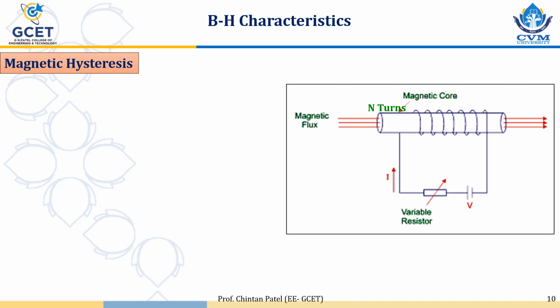So let's see what is BH characteristic. How can we plot the BH characteristic? Here you can see a very simple circuit. There is a core. The cylindrical part is a magnetic core. The core has a winding having N number of turns. It is connected across a DC source having voltage V in series with a variable resistor.